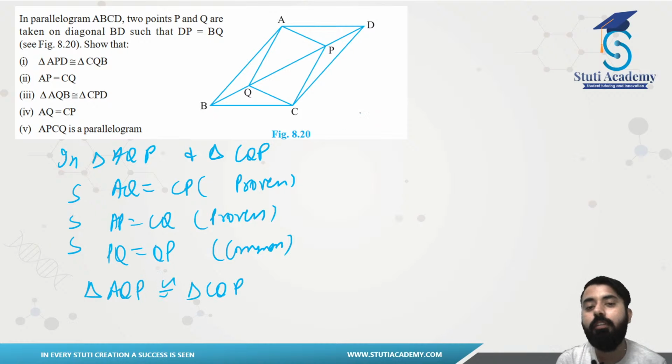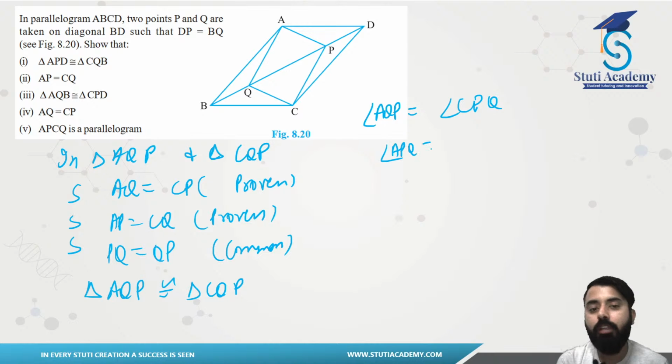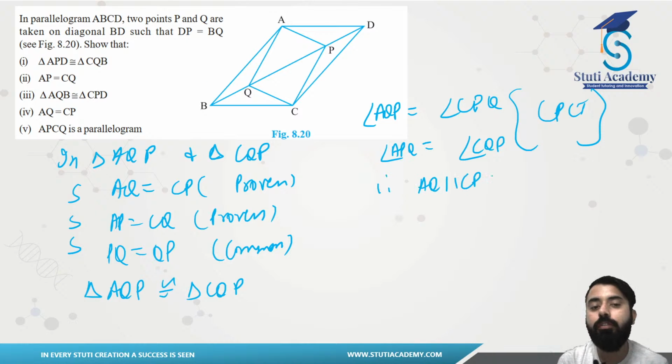And now you can easily say angle AQP equals angle CPQ, angle APQ equals angle CQP. Both are CPCT, and they are alternate interiors too. Therefore, you can say AQ is parallel to CP and AP is parallel to CQ. Therefore, APCQ is a parallelogram.